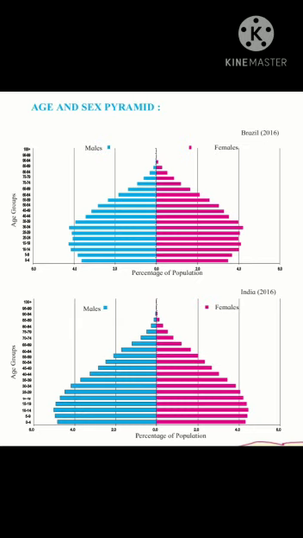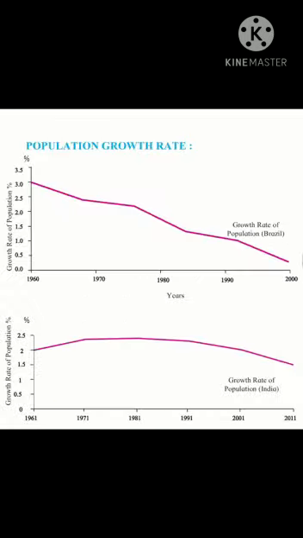Now let us observe the next slide, that is about population growth rate in both the countries. The graph shows the growth rate of population in Brazil and India, but here the graph line is going down. Why? Correct. Though the line shows the downward trend does not mean the population decreasing.